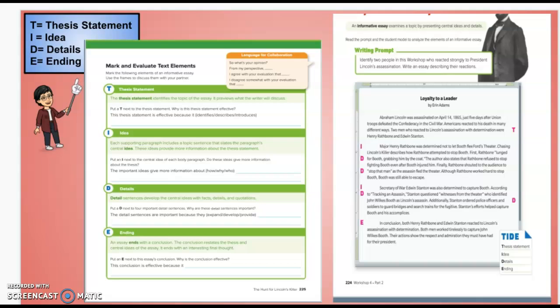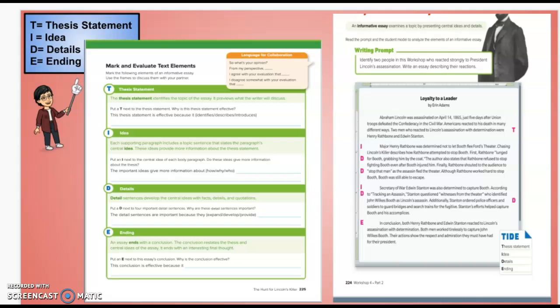And then if you look at the next paragraph, according to Tracking an Assassin, Stanton questioned witnesses from the theater who identified John Wilkes Booth as Lincoln's assassin. I want you to put a letter D next to that sentence. And then additionally, Stanton ordered police officers and soldiers to guard bridges and search trains for the fugitive. I want you to put a letter D for another detail on that sentence.